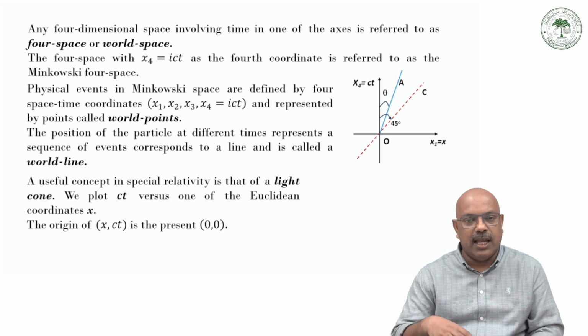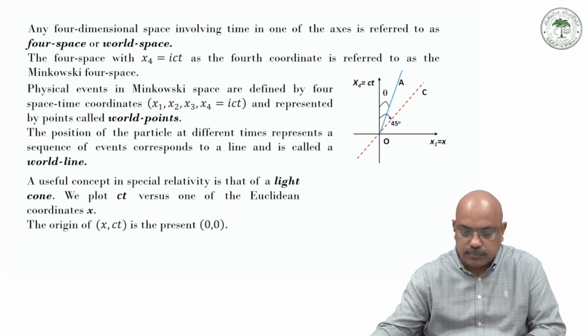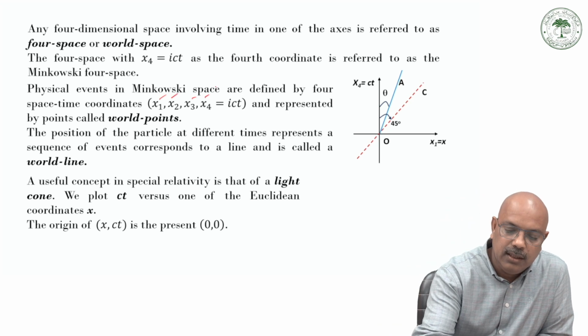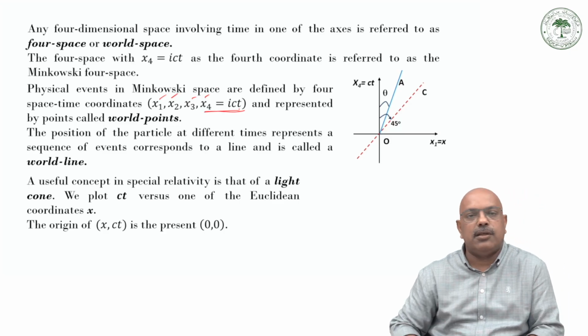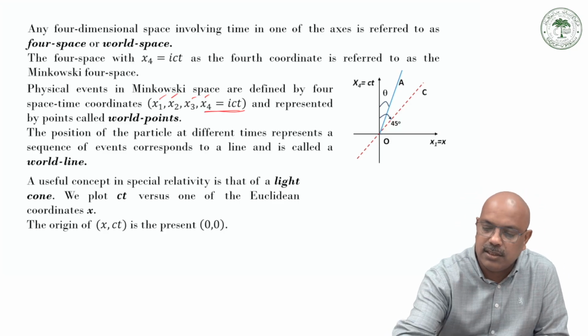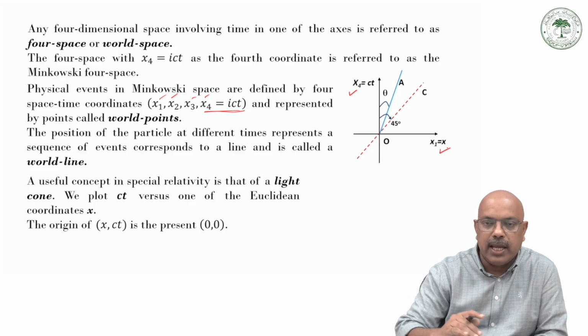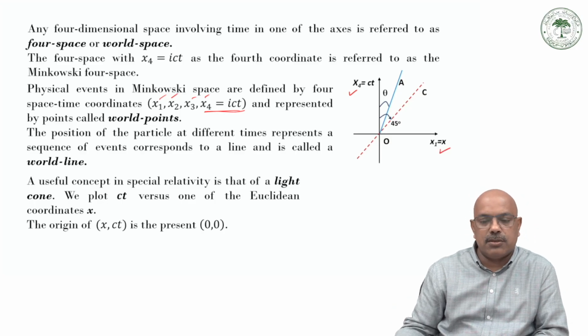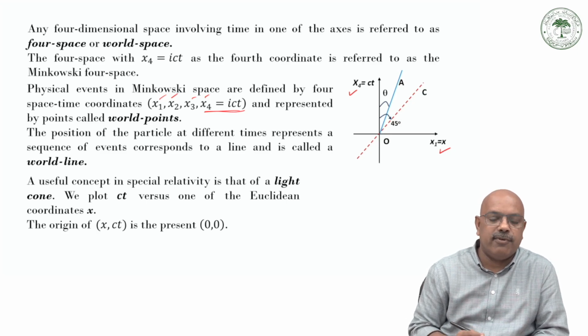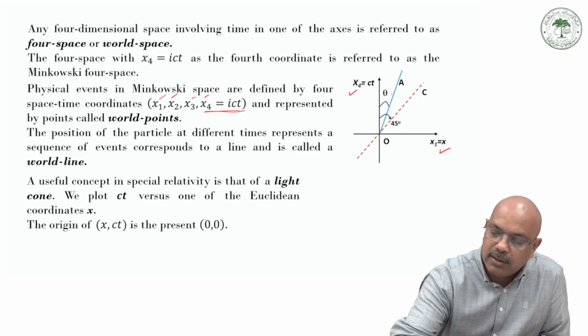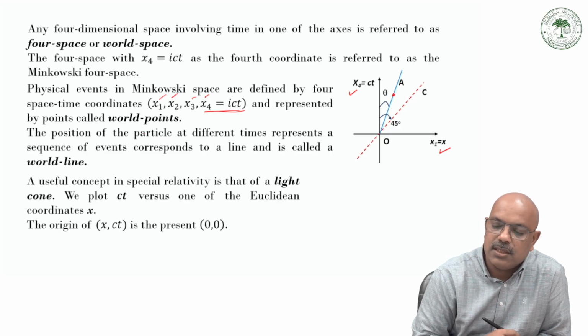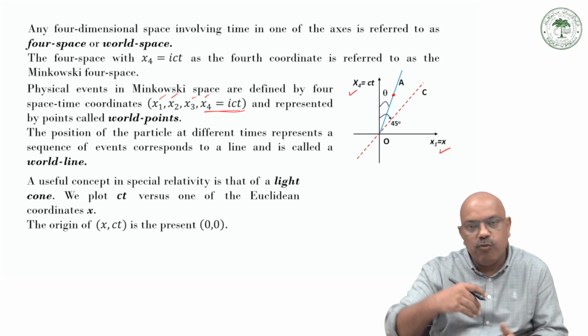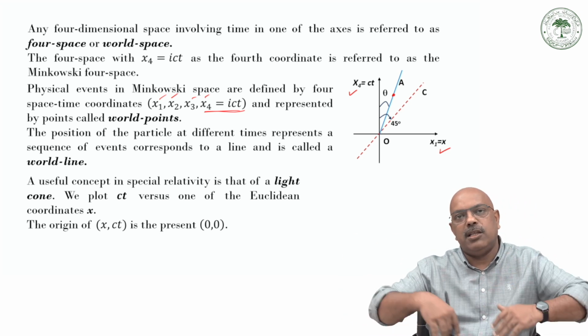in which we have the space coordinates x1, x2, x3, and then the fourth coordinate is treated as the time coordinate on this axis. On the other axis is the space coordinate. Any point in this Minkowski space is known as a world point.